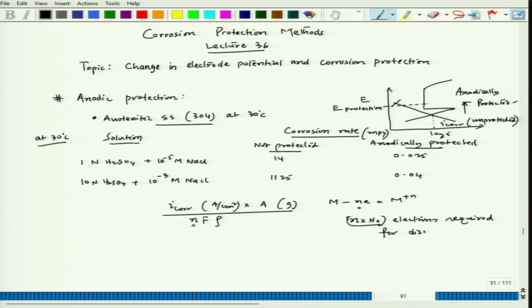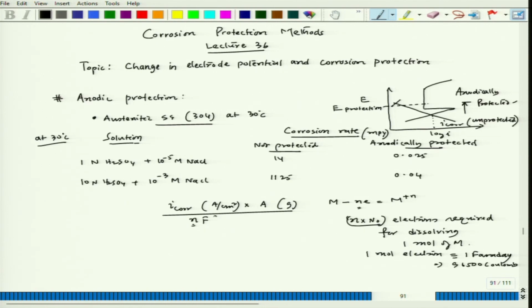for dissolving 1 mole of M. And we know 1 Avogadro number, or 1 mole of electrons, is equivalent to 1 Faraday charge, which is nothing but 96500 coulomb. Okay. And rho is the density in gram per centimeter cube.